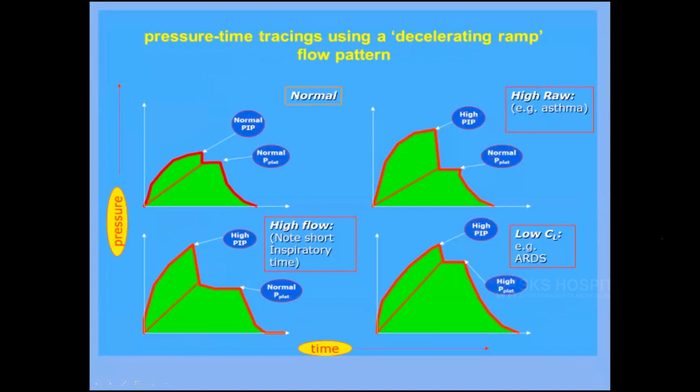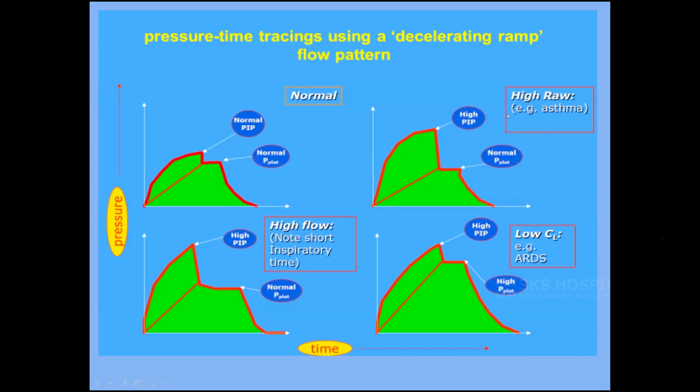How about what the waveforms might look like if there is a decelerating flow pattern? So here, the flow patterns are slightly different, but the essence of the depiction is pretty similar to what we observed in the previous few slides. The one on the left top is the normal pattern, where there is a normal peak inspiratory pressure and normal plateau pressure.